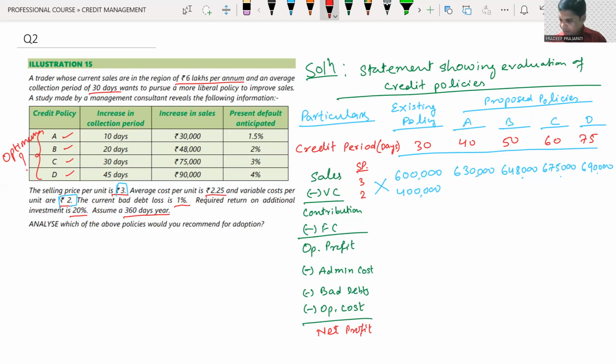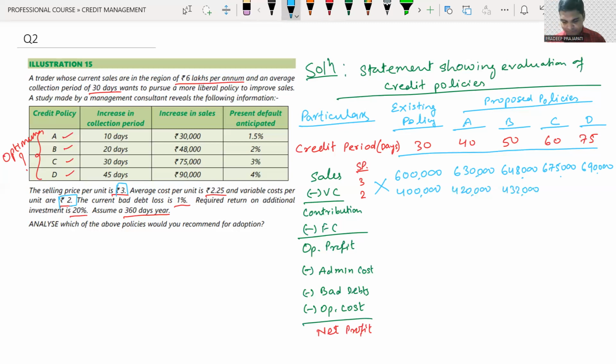6,30,000 into 2 divided by 3. So here it is 4,20,000. Then 648 into 2 divided by 3, 432.